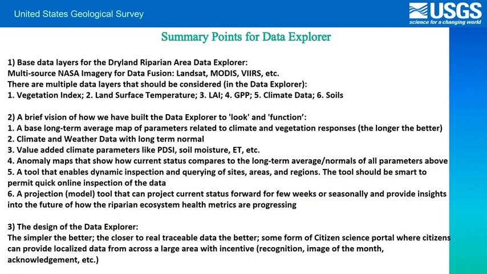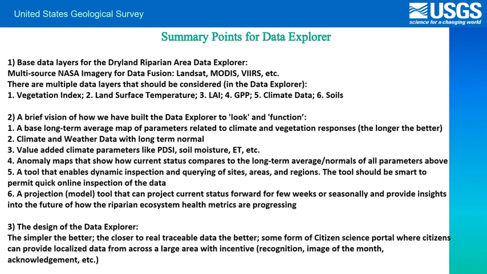The last thing I want to do is summarize the points for our Data Explorer. We have base data layers for the dryland riparian area Data Explorer, multi-source NASA imagery through data fusion techniques: Landsat, MODIS, VIIRS, etc. There are multiple data layers that should be considered in our Data Explorer, like vegetation index, land surface temperature, LAI, GPP, climate data, soils.